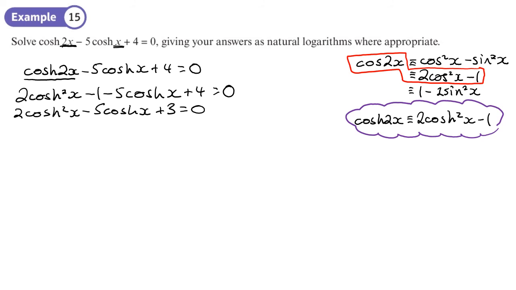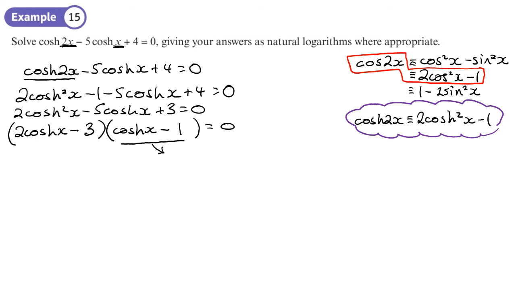So let's factorize that. I could probably do this manually, because there must be a 2 cosh here, and a cosh here. Because I've got a plus 3 and a negative in the middle, these are both negative. The two numbers must be 3 and 1, and to make this work, I need the 3 here and the 1 here.